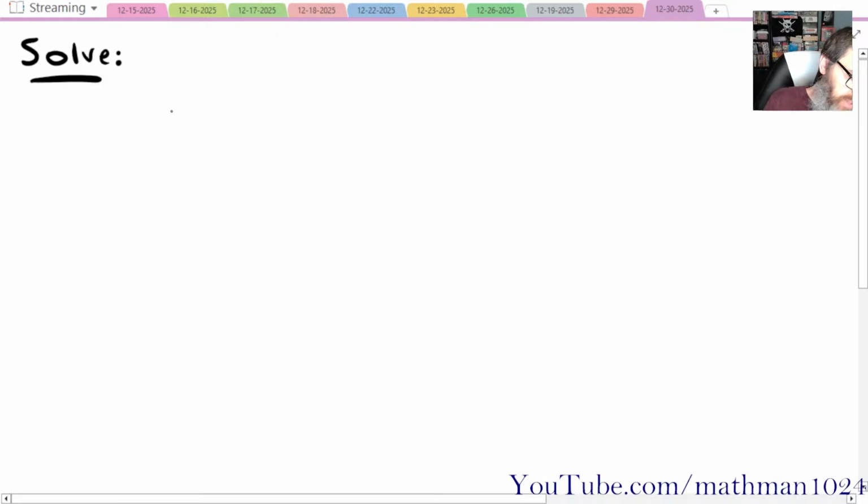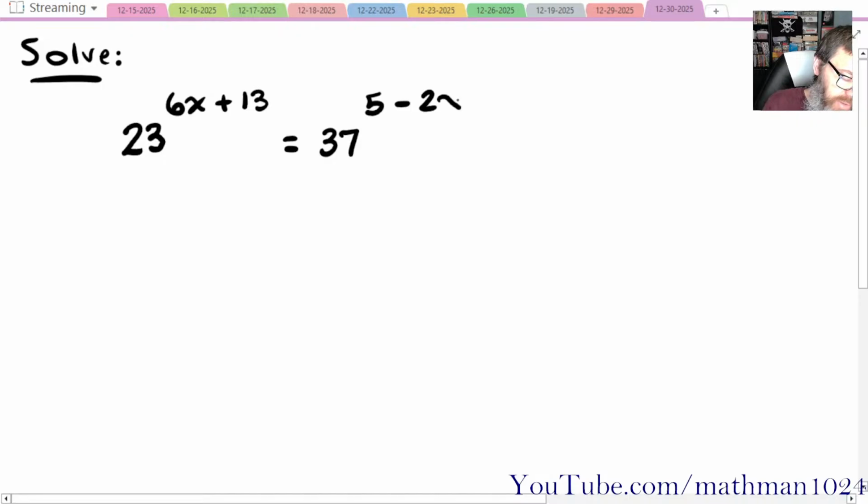All right, so let's do 23 raised to the 6x plus 13th power is equal to 37 raised to the 5 minus 2x.